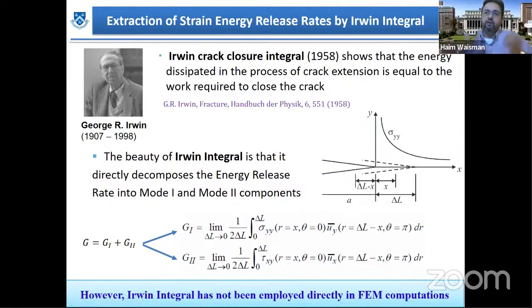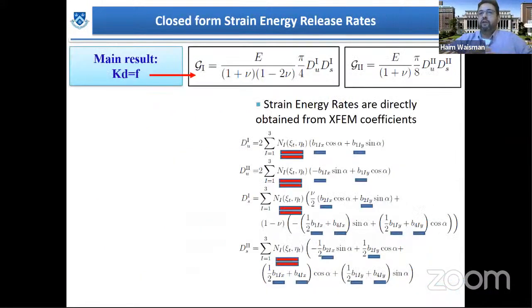On the other hand, use the finite element approximation of stresses and displacement field with enrichment, integrate that as well, and then match the coefficients in terms of square root R, in terms of the leading orders of R, and that leads to the following final results.